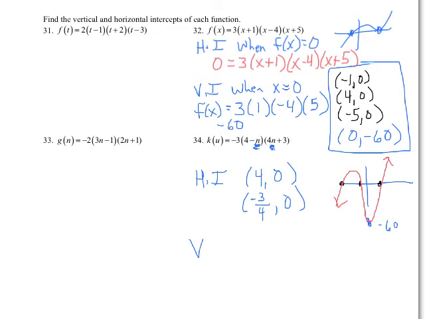And our vertical intercept is going to occur at 0, if we take the values, we get -3 times 4 times 3, -9, that's -36.